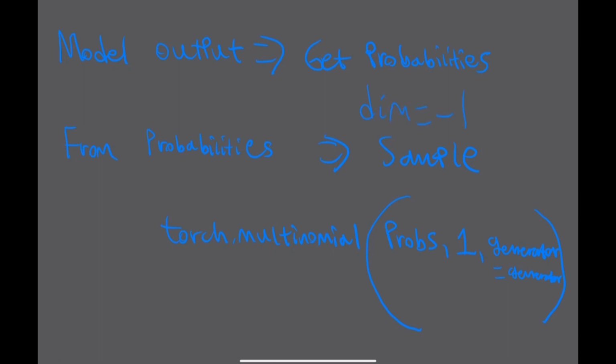However, the model's output, before we even apply softmax, is of shape B by T by V, right? For every single token, at every single time step, we have this vector of size V, all the probabilities. But we've actually been calling this model over and over again inside the loop, and this T has been growing. It starts off with T equals 1, and then T equals 2, and then T equals 3 as we generate the tokens.